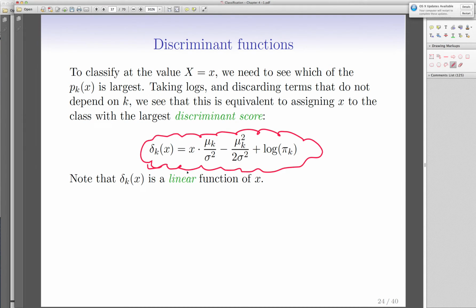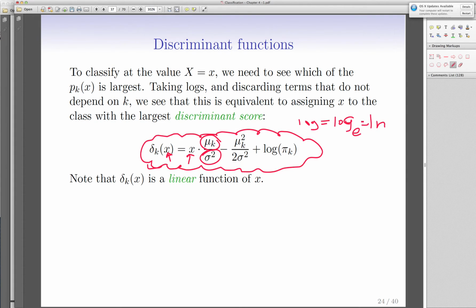The discriminant scores. So the discriminant score is a score that is given to each category for any x, and that is x times mean of that group divided by its variance minus mean of that group squared divided by 2 times the variance plus log of pi k. So this log is actually log in e, and this is ln.